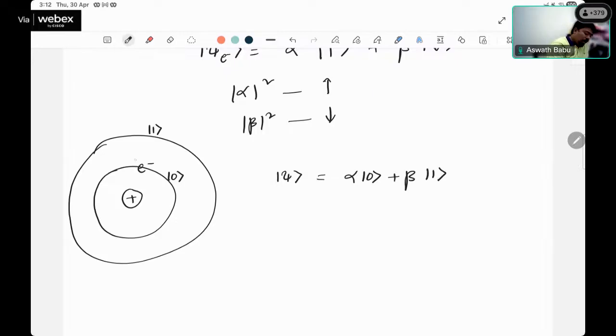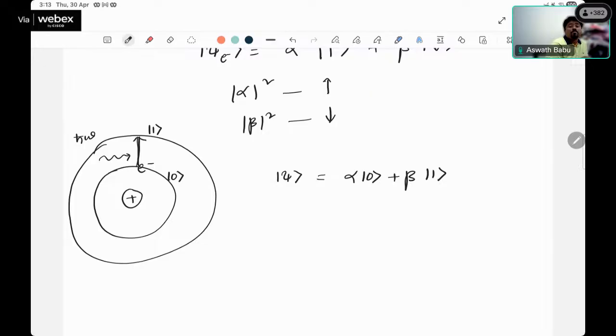How? I would supply a photon whose energy exactly matches the transition energy. If I supply such photons, we expect, I'm not saying certainly, the electron to go to the excited state and live there for some time.